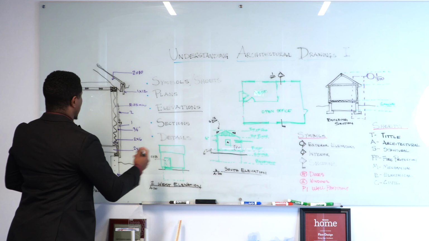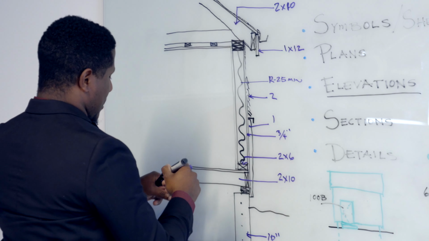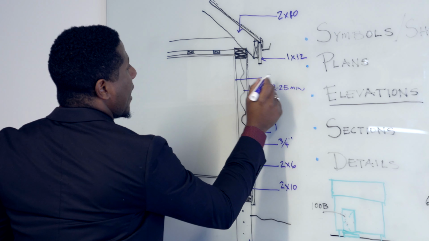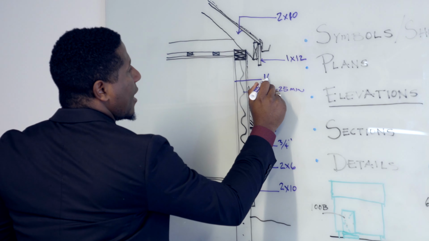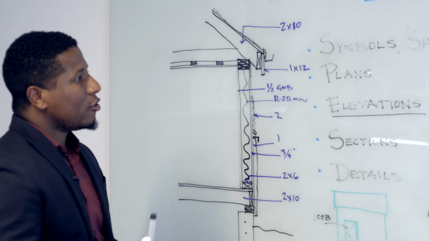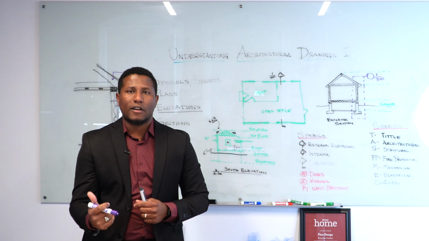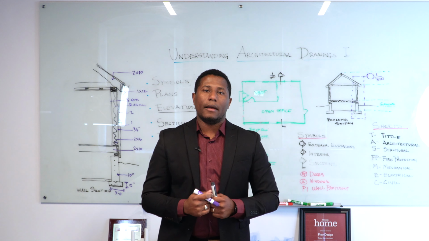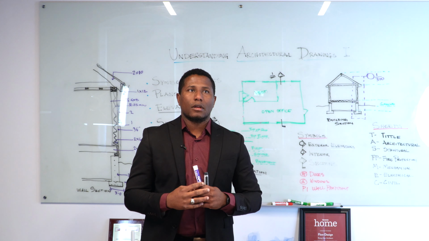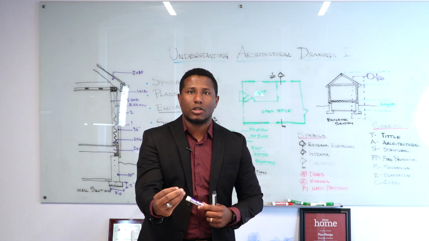Also, things that you might be able to find in that wall section is the interior sheetrock. Let's say you have a 1.5 inch GWB. Those are things that are important for you to understand and where to find them in the architectural set of plans, because then you can get a sense and have a very smart conversation with the architect.